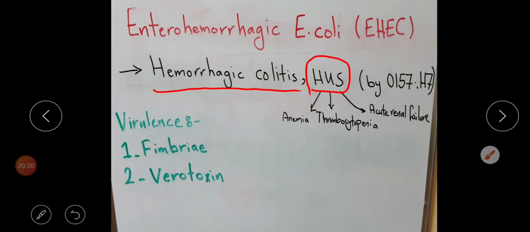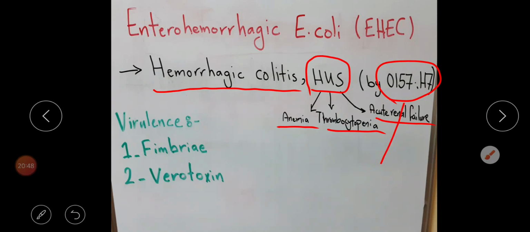As a complication, hemolytic uremic syndrome will occur in 5% of patients infected by enterohemorrhagic E. coli. Hemolytic uremic syndrome is characterized by anemia, thrombocytopenia, and acute renal failure. The serovar most frequently associated with hemolytic uremic syndrome is O157:H7.